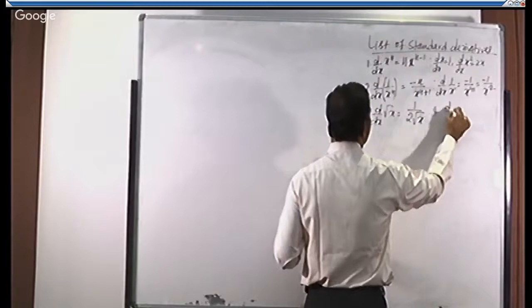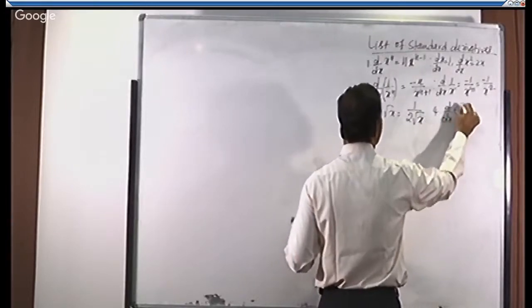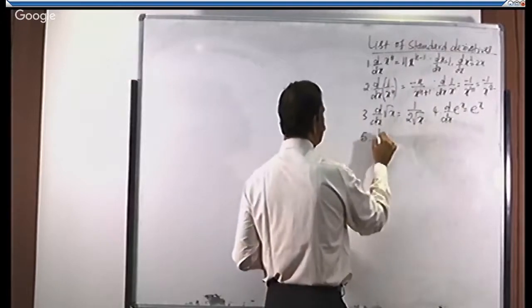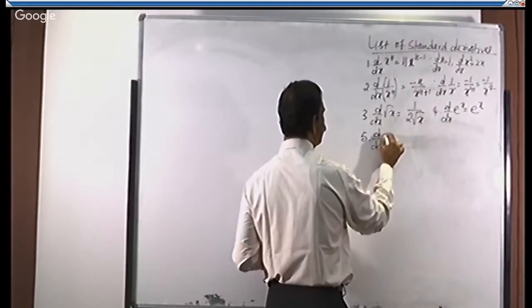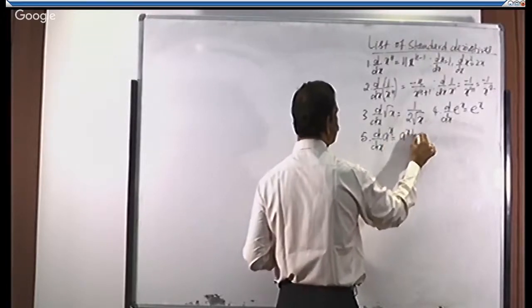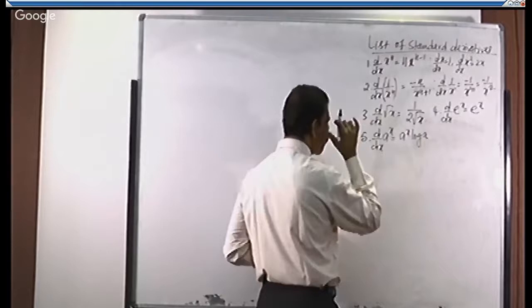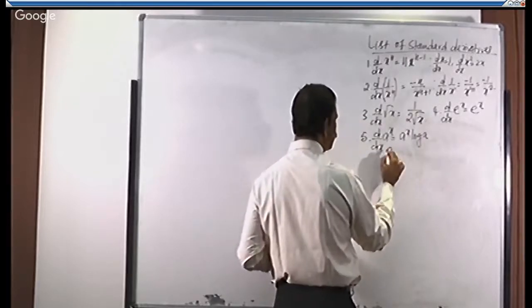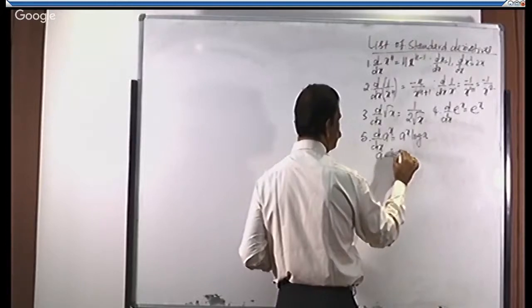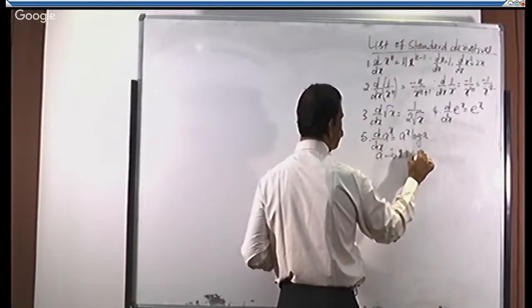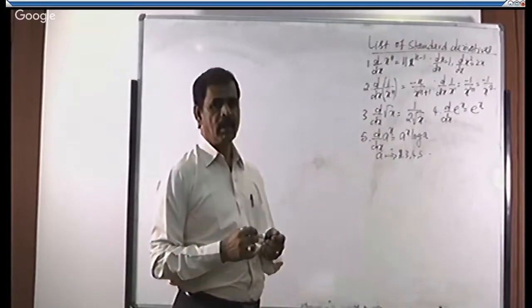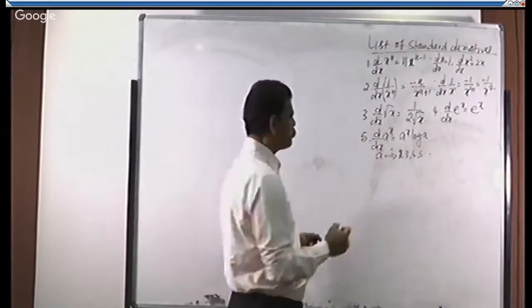Fourth one, d by dx of e power x. It is e power x only. D by dx of a power x is a power x into log a. Here a will be taken as positive numbers, equal to or greater than 2.